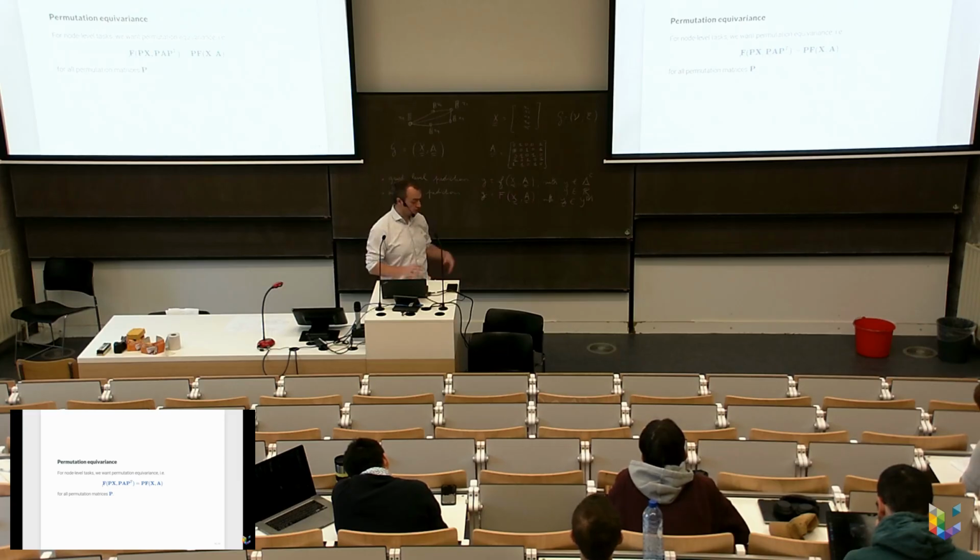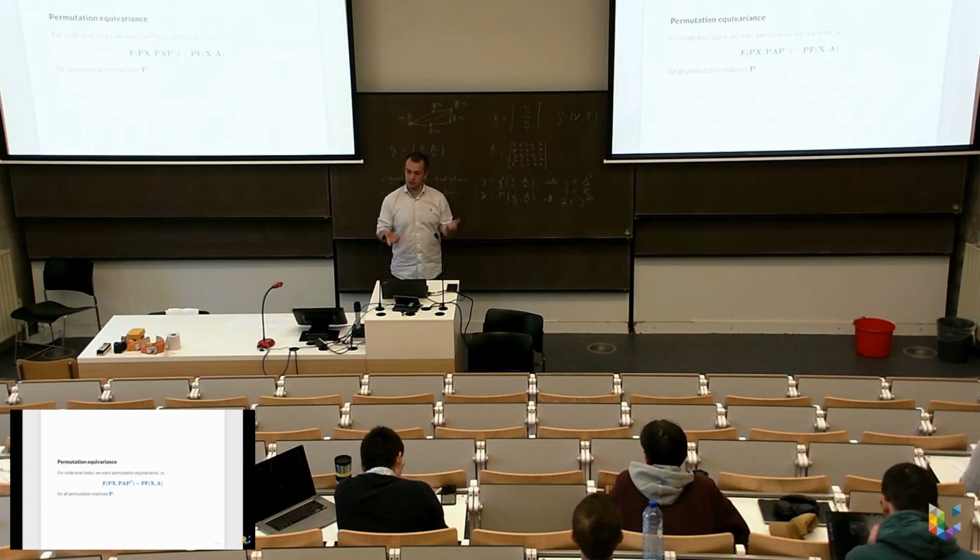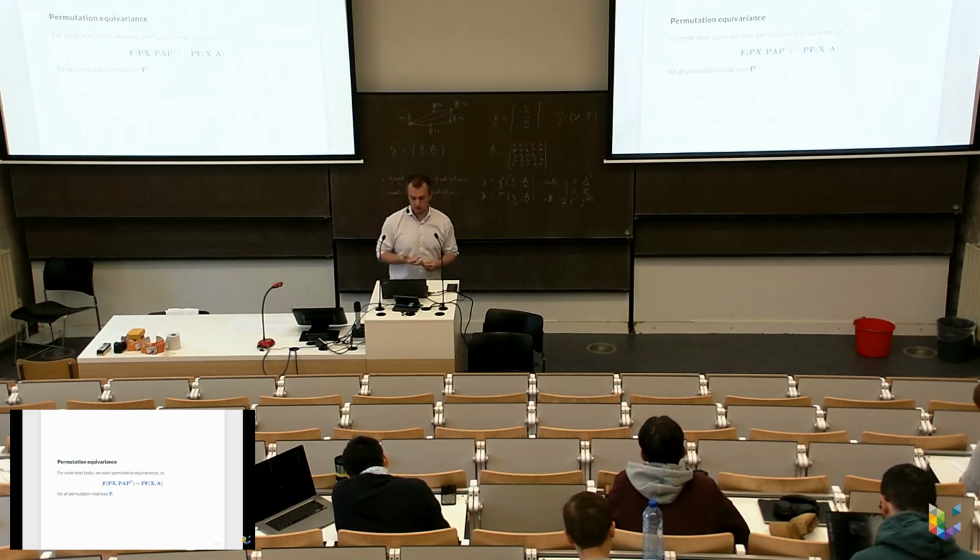So you start from the original representation, you compute some output for each node, then you permute them. You should obtain the same result as if you had started from the permuted graph, permuted first, and then computed the predictions. The two results should coincide.